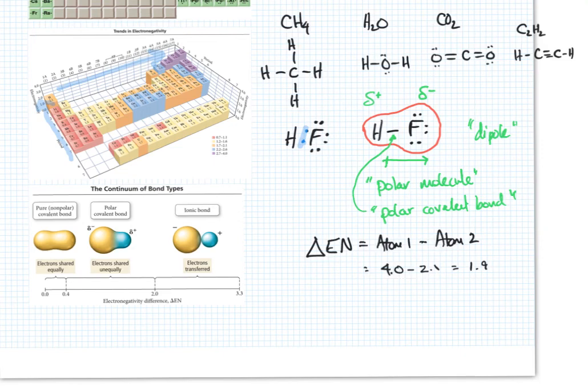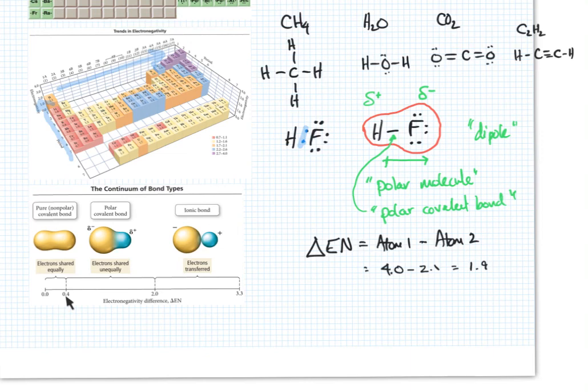And then we can use this figure right here to help us figure out whether this is a polar covalent bond or not. If we have between 0.4 and 2.0, we call that a polar covalent bond. If it's from 0.0 to 0.4, we call that a non-polar or purely covalent bond.